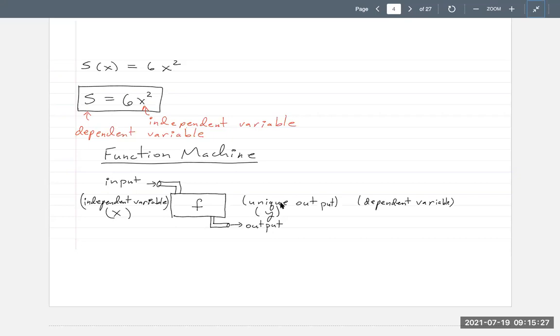You don't want that sometimes it gives you coal and sometimes it gives you a candy bar. And so you want a unique output. Once you have specified your input, your output is then specified.